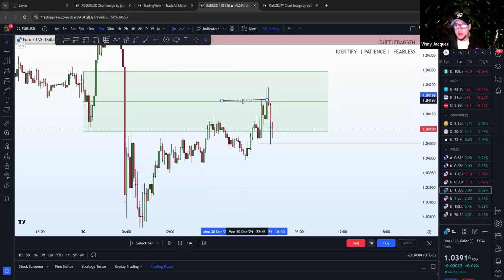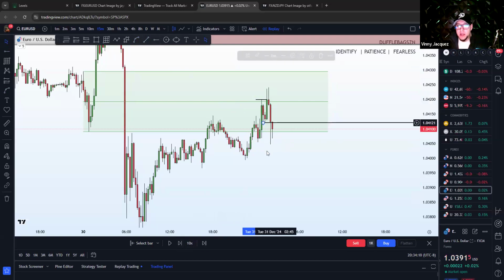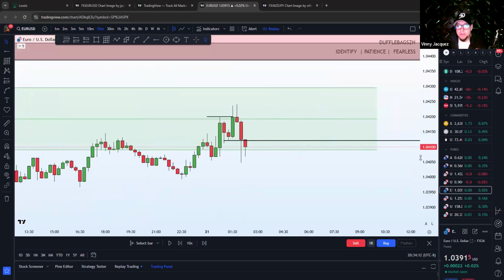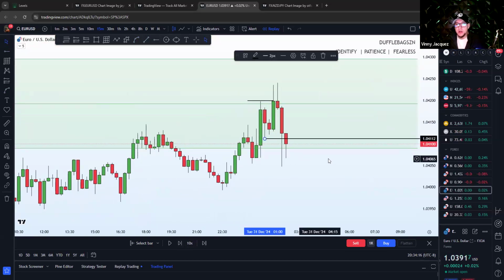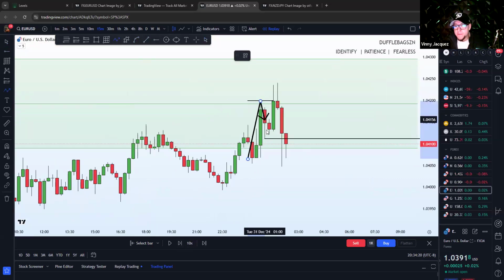Market sweeps liquidity one last time, and my change of character line should be right here. Look at this, just based off of this structure: we have higher high, higher low. We tried to go higher, it failed, and we ended up changing direction.